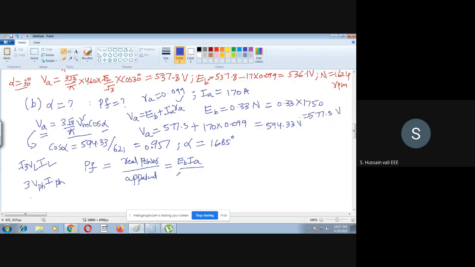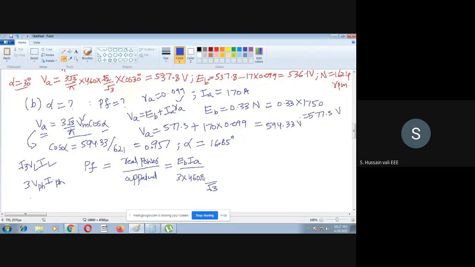We know 3 V phase. Just now we found how much V phase is: 460 is the line voltage, into root 2 by root 3. Sorry, this is the maximum value of the V phase, but we want the RMS value. So root 2 will not be there.